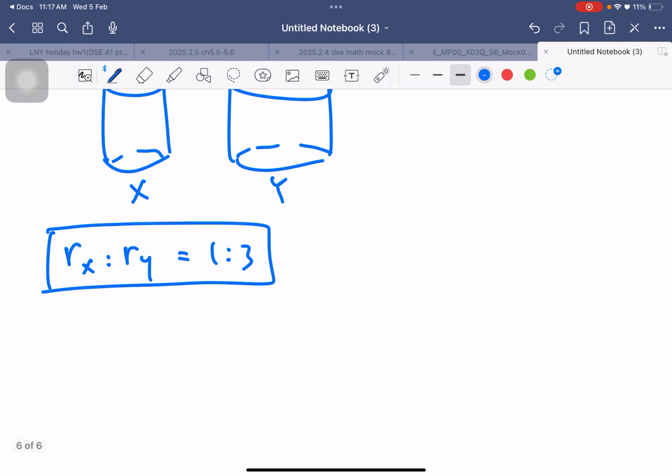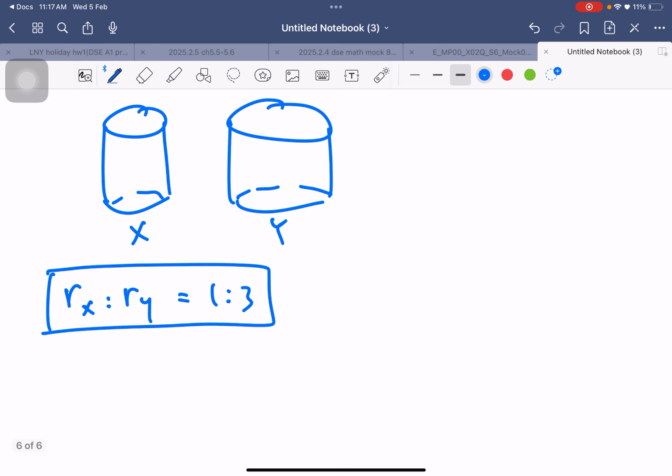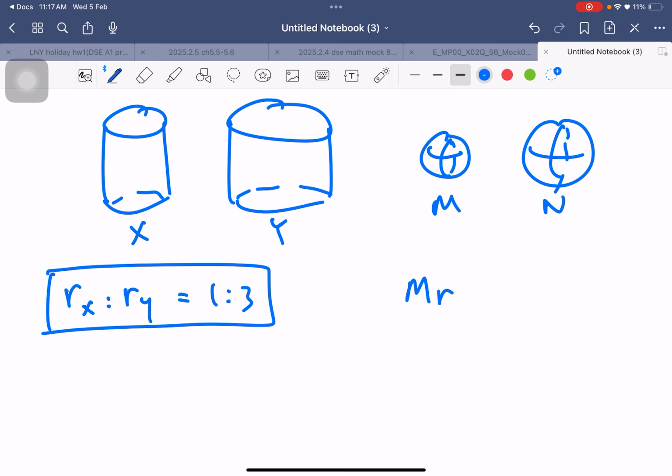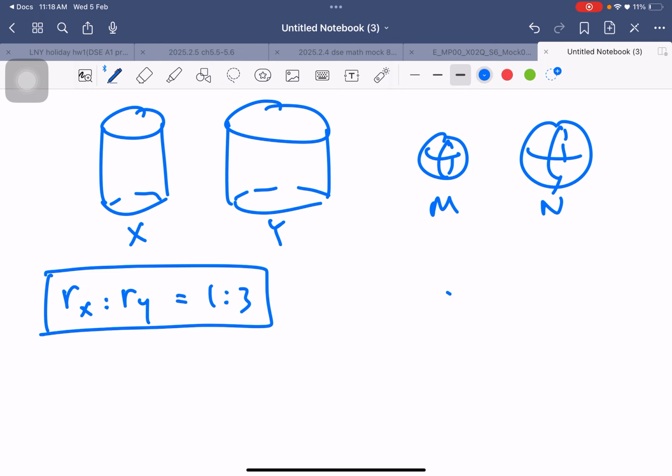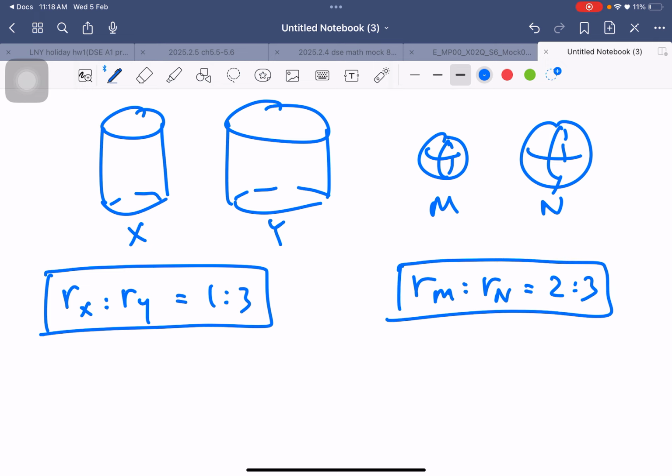And then we have two spheres, this is M, this is N. The ratio of the radius of M to the radius of N is equal to 2 to 3. Then what's going to happen?